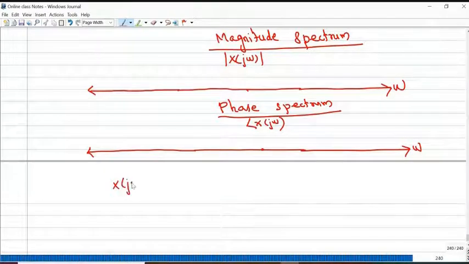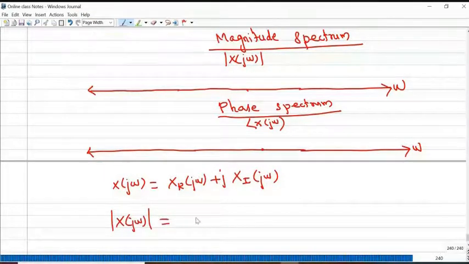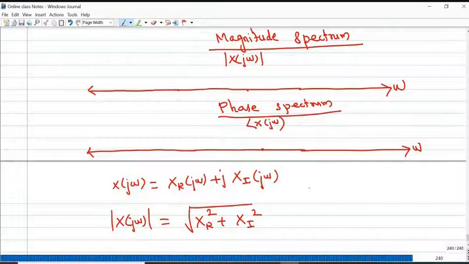What is X of j omega? This is in the form of a complex number, a plus j b. So modulus of X of j omega is the root of real part square plus imaginary part square, root of a square plus b square.